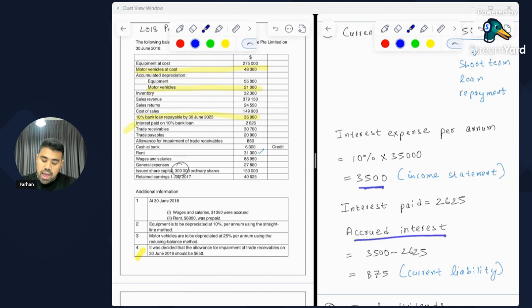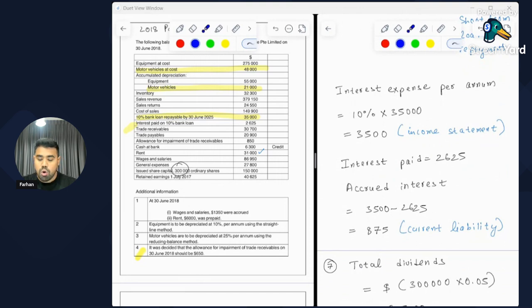All right. And that amount that we owe, or that amount which is accrued, is the difference between $3,500 and $2,625, which is $875. And this accrued interest, the amount that we still haven't paid yet, is classified as a current liability and is to be reported within the balance sheet.